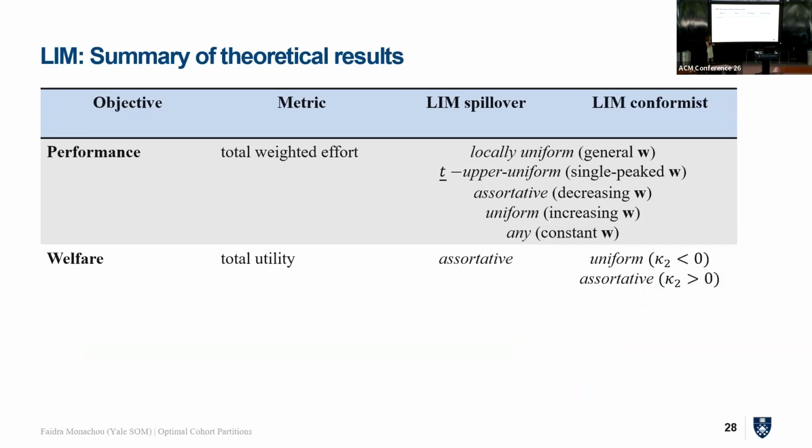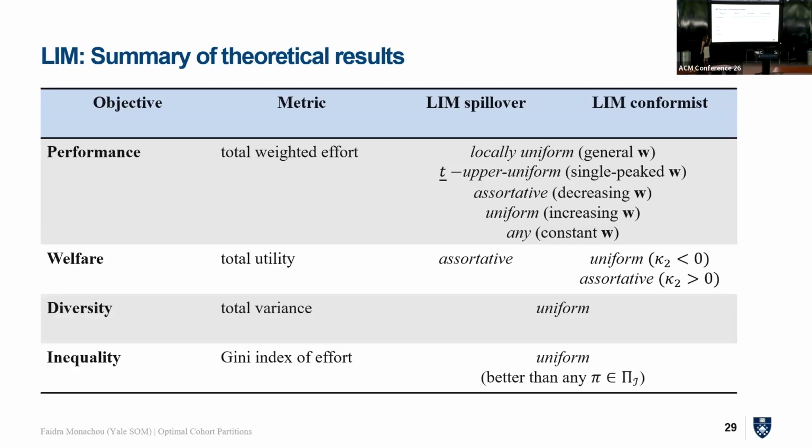For welfare, we find that the optimal partition depends on the actual microfoundational model. For the spillover model, the assortative partition is optimal. For the conformist model, and for most reasonable cases, including the parameters we have in our data, the uniform partition is optimal, so we see a discrepancy here. For diversity and inequality, we show again that the uniform partition is optimal.